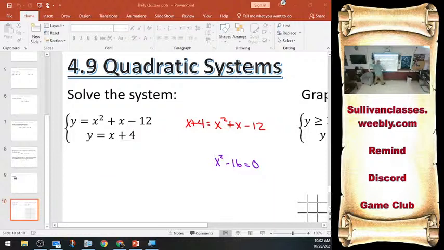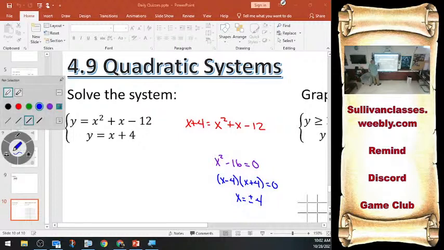All right, once I'm here, solving isn't too bad because it's a difference of squares. Or you could just add 16 to the other side and square root. Same difference. I get 2 x's, better find out why.